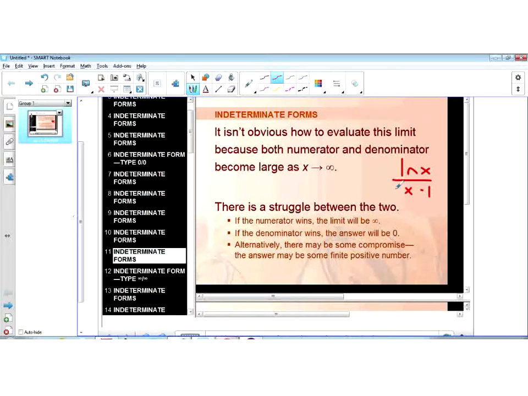But if x minus 1 takes on larger and larger values, then the denominator outpaces the numerator as x grows larger, and in which case the limit could be 0.